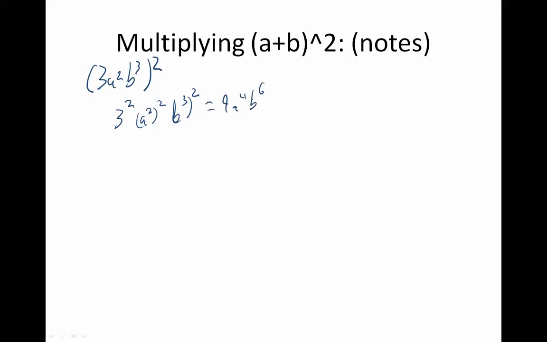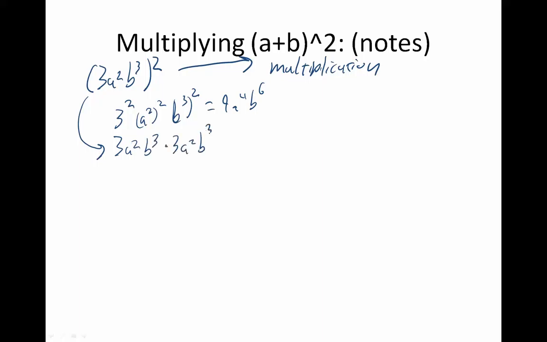However, something that maybe we didn't discuss a lot in this chapter was that notice that the only operation here is multiplication. Inside that parentheses, there is only multiplication. So what we're doing when we do this is 3a squared b cubed times 3a squared b cubed.